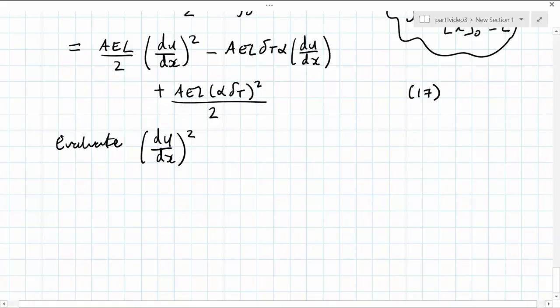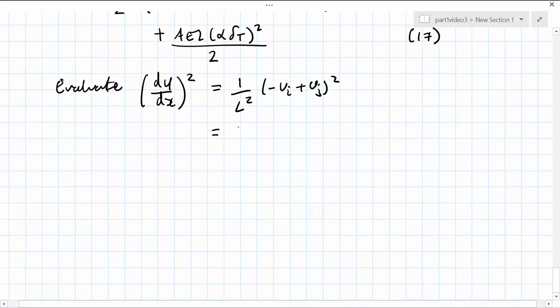If we evaluate du by dx squared, we get 1 over L squared times minus Ui plus Uj all squared. This is then equal to 1 over L squared, expanding this expression out.